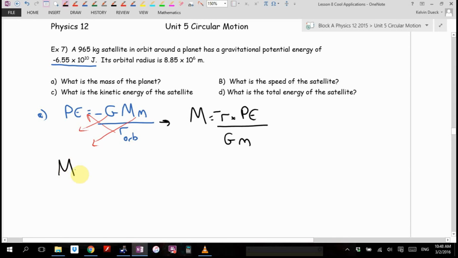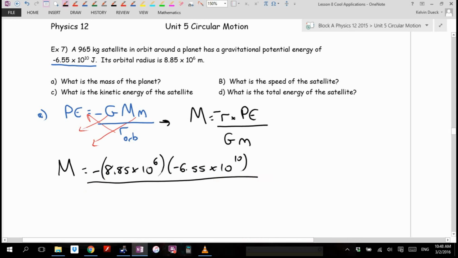Big M is going to be negative R, 8.85 times 10 to the 6th, times PE, negative 6.55 times 10 to the 10th, all over 6.67 times 10 to the negative 11, little m, 965.